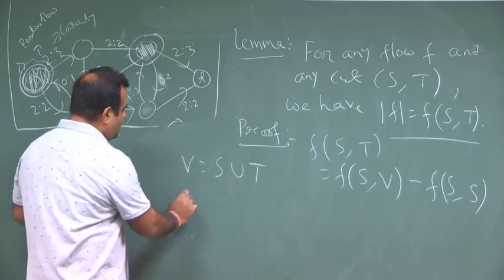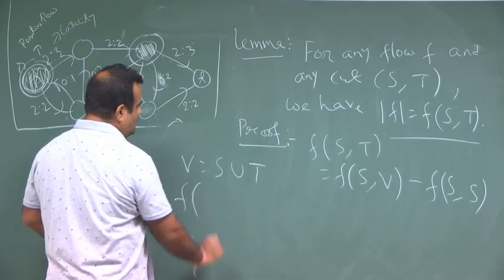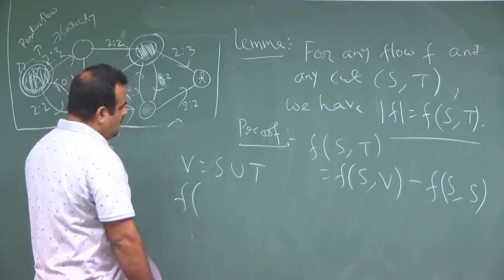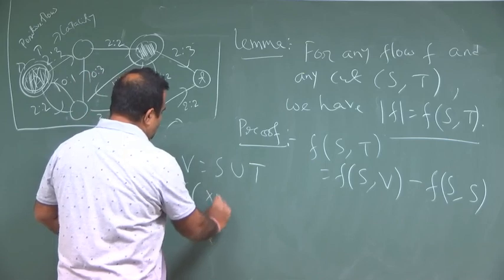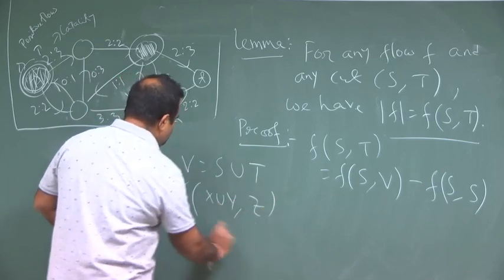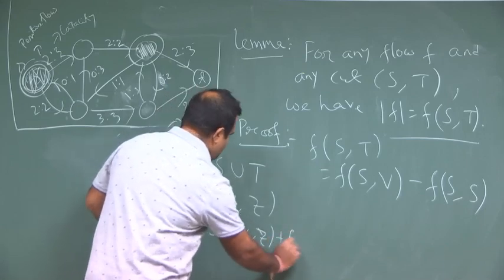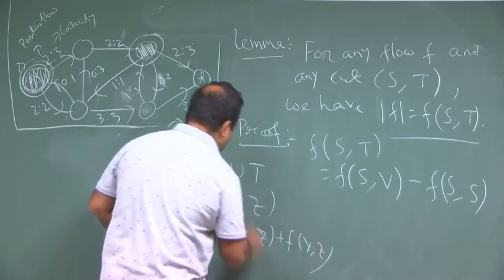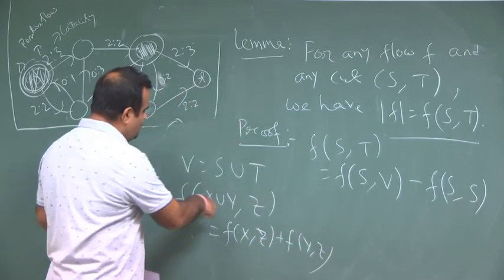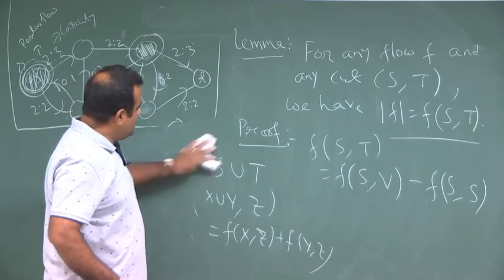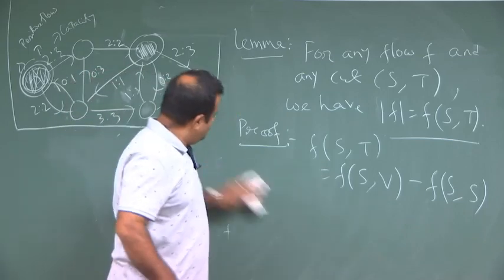We know this property: f of S comma, this is basically f of x comma z plus f of y comma z. We are using this where x and y are disjoint. So, by using this we can show this.